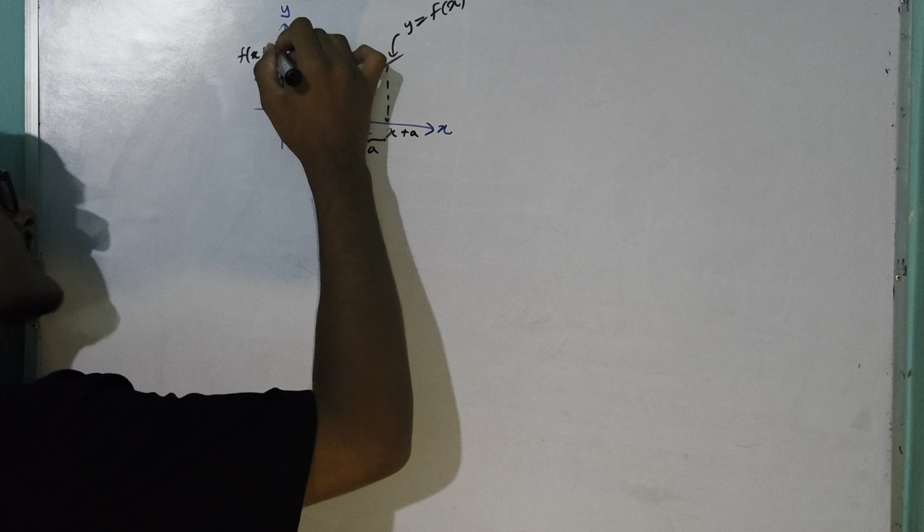Alright, after that, if we are considering the area of this little part here as A of x, then automatically the area of this big part would be A of x plus a.